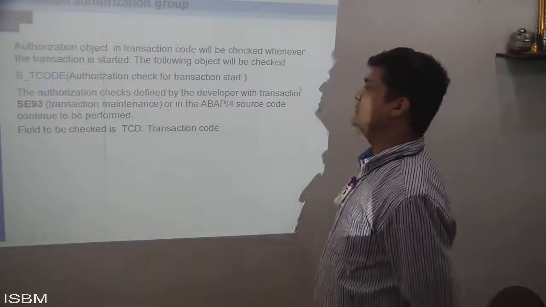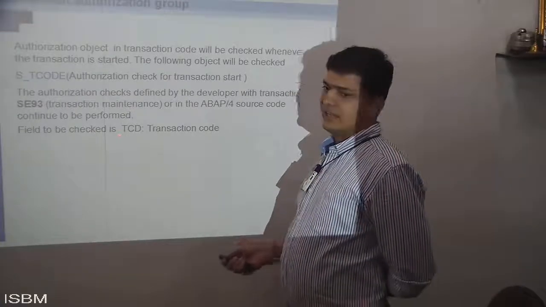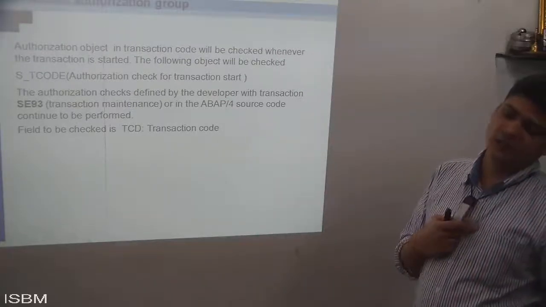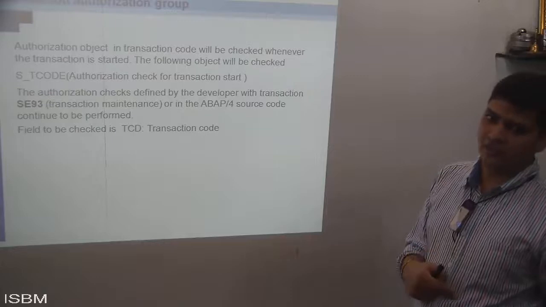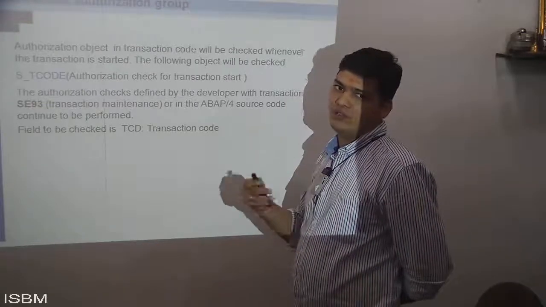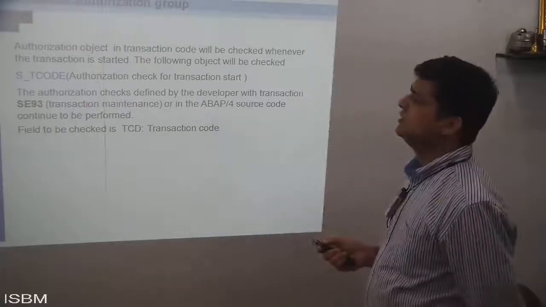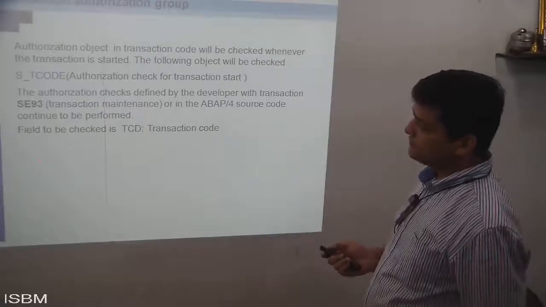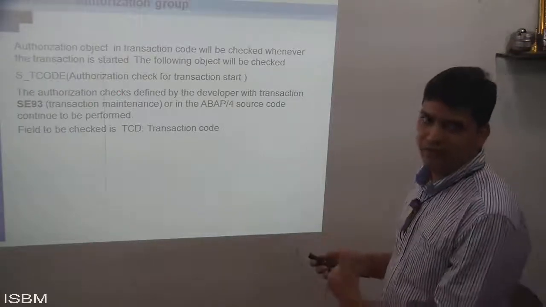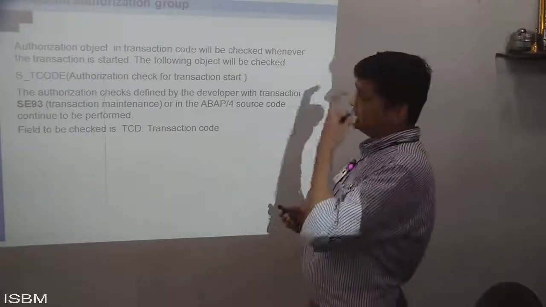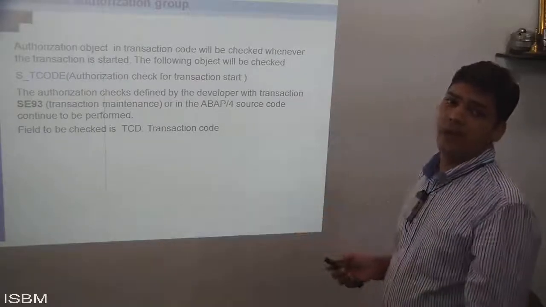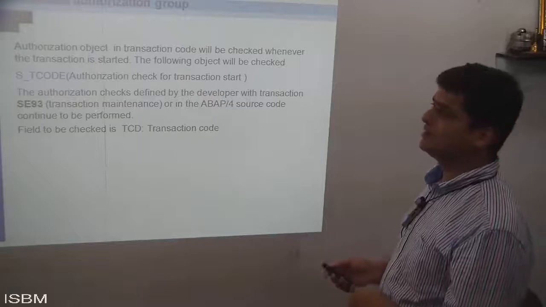Sometimes we don't have authorization for some very confidential transactions, just like payment or payroll, because no one wants each and every employee to know about the payment of some other person. So they authorize only some people to check the transaction. Otherwise, they will not give authorization to everyone for the payroll system.